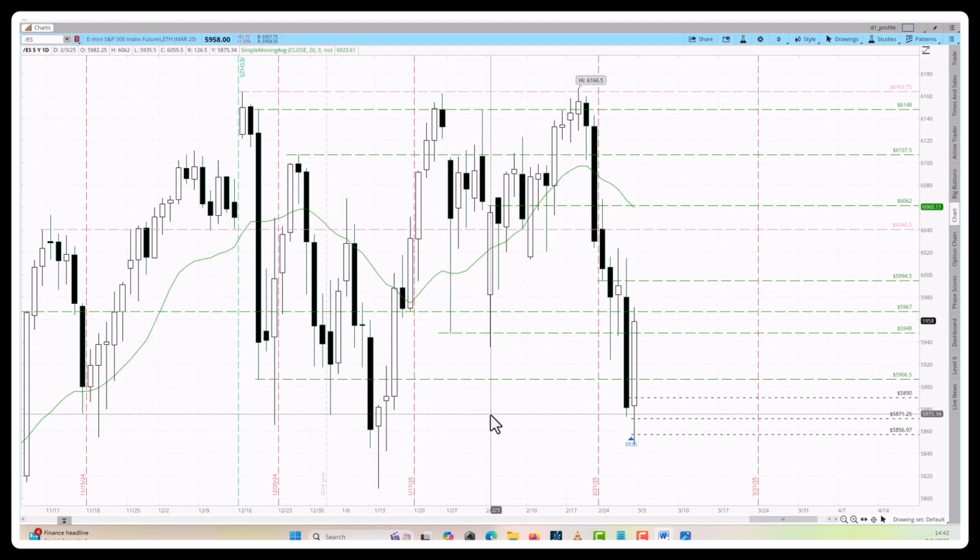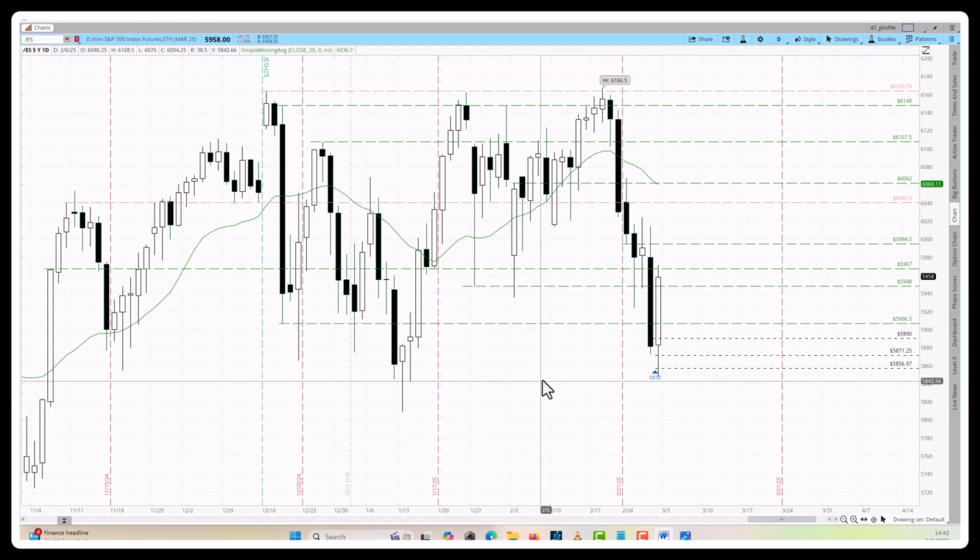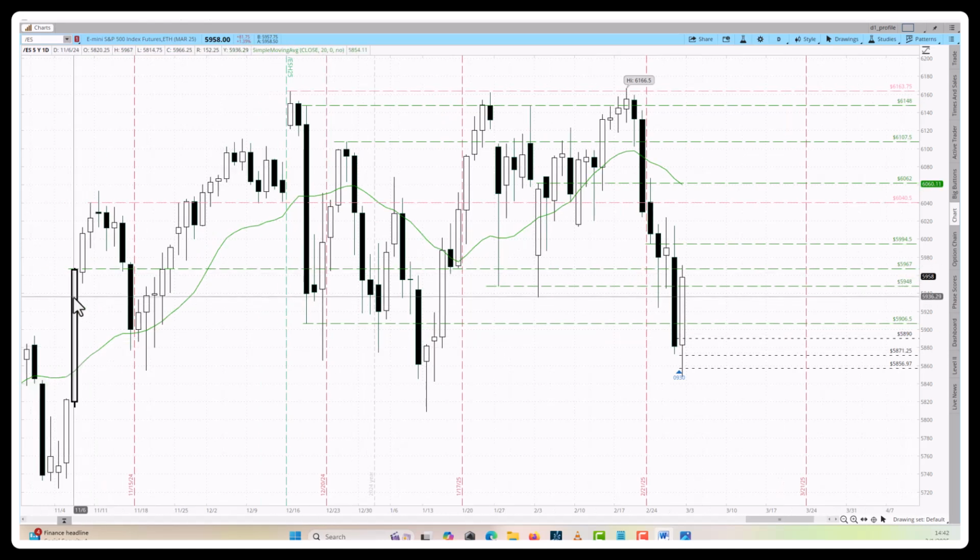You can see that it's amazing. The level here, 59.67, is important because this is a huge expansion move from October last year, when the election in the US happened. So that's a huge move.